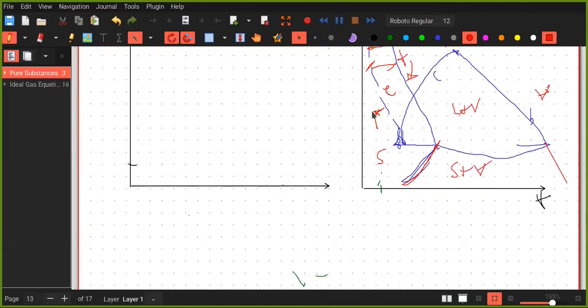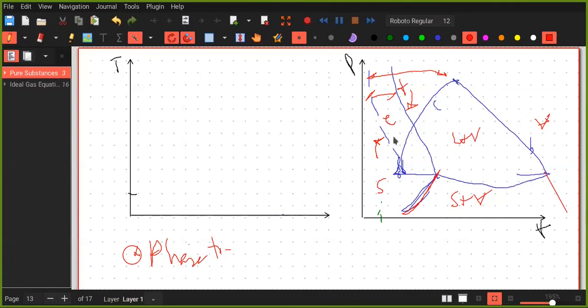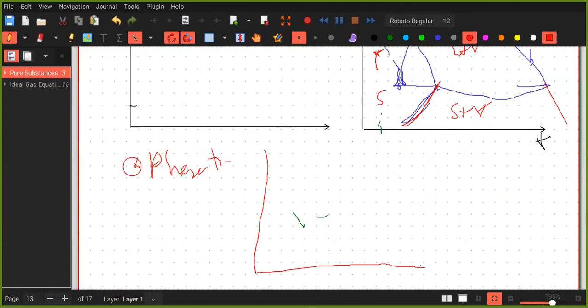I think I'll have to make a correction. In the phase transition, I think it's our second video on phases, I've mentioned that in case of that TQ diagram, while undergoing sensible heat, we considered everything for an isobar.